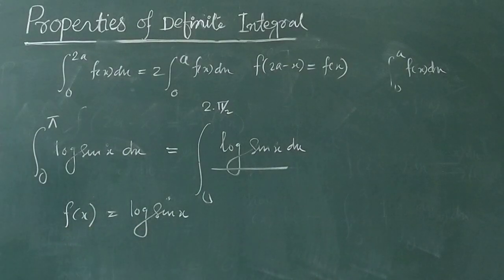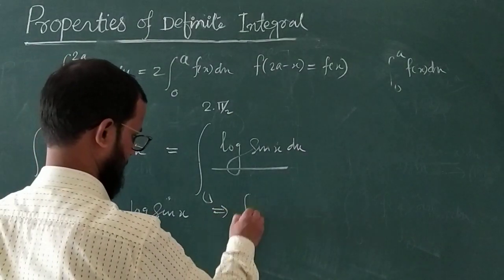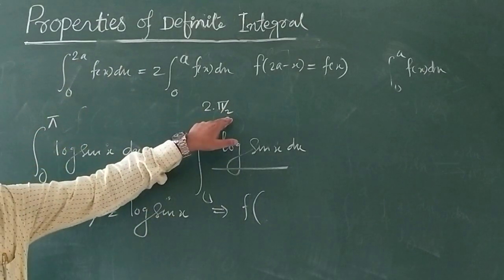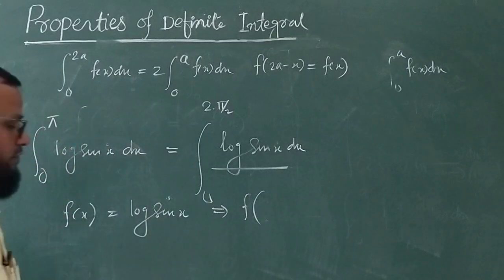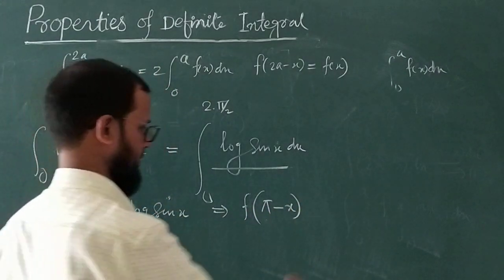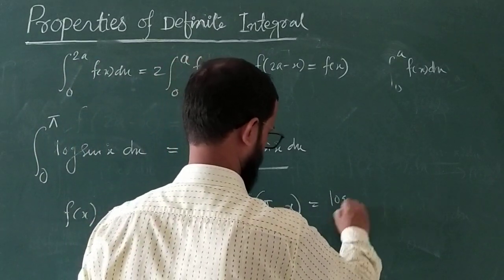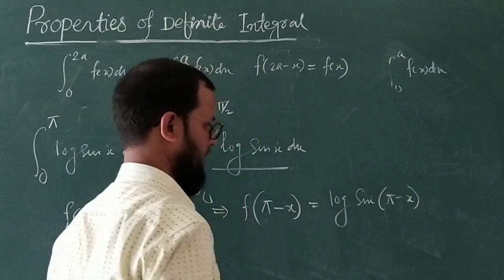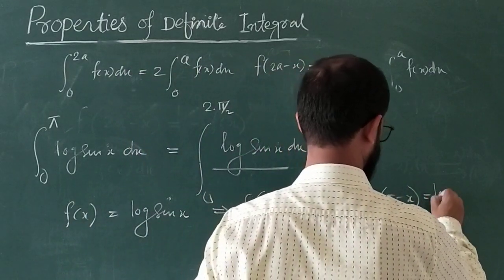So you see f(x) is equal to log sin x, which implies f of (2a minus x). What is f of (2a minus x)? 2a means what? 2 into pi by 2, which means pi. So f of (pi minus x) equals log sin(pi minus x), equal to what?